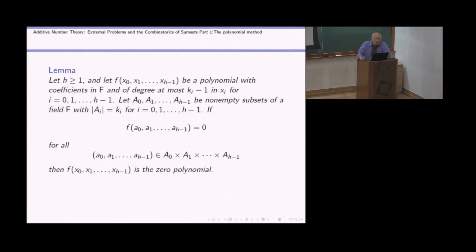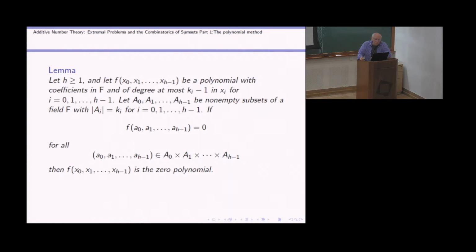I'm interested in the degree of the highest degree that each variable occurs in the polynomial. So in this polynomial, the variable xi has degree at most k sub i minus 1. And suppose you take non-empty subsets of the field, a naught up to a sub h minus 1, and the number of elements in the set ai is ki.